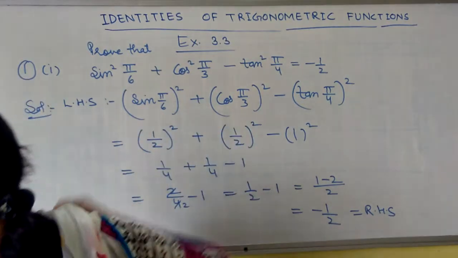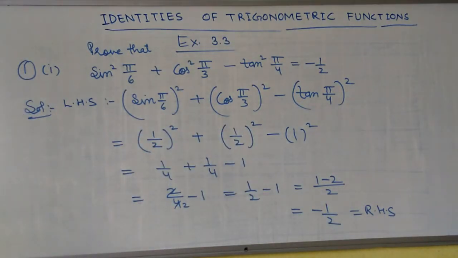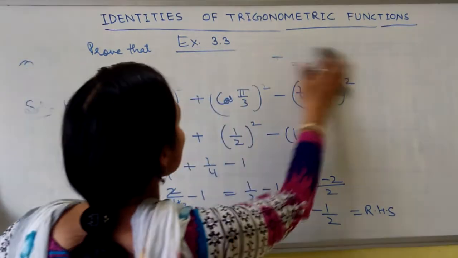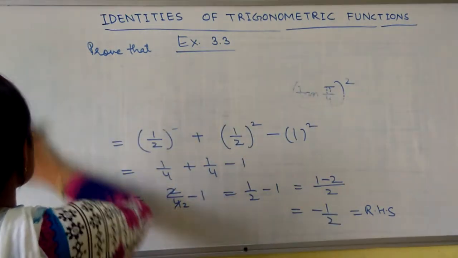Now come to the second part of this question. That is a little bit different because it contains a higher angle. We have to reduce that angle first of all.